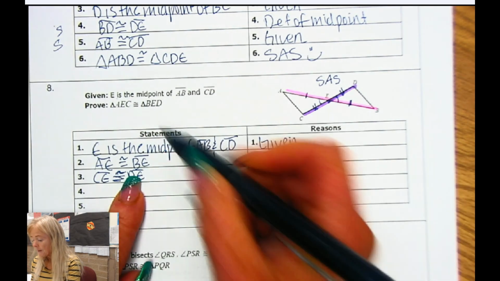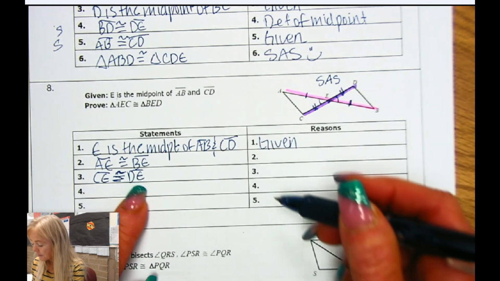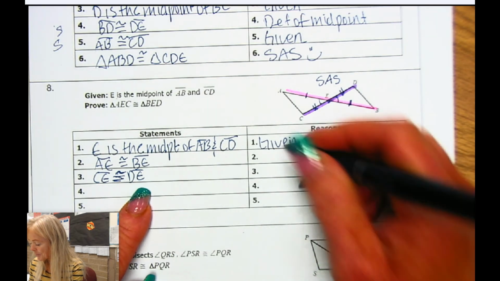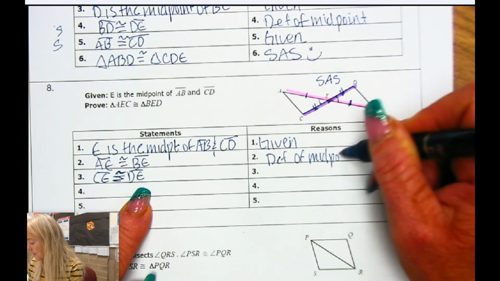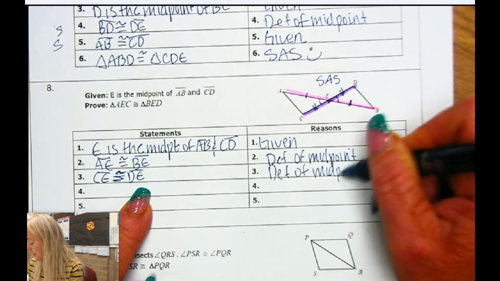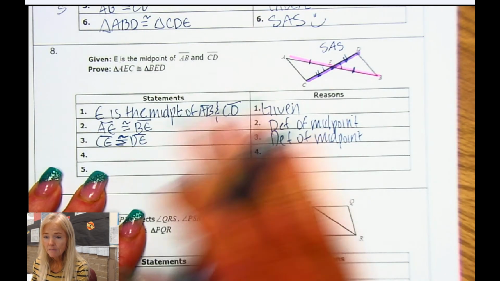All right, CE and DE are congruent, and these two are just by definition of midpoint. I like to do them both at the same time, but we'll just write it out. It gives us a line to do it, so we'll write it out. And then we have our two sides by definition of midpoint.